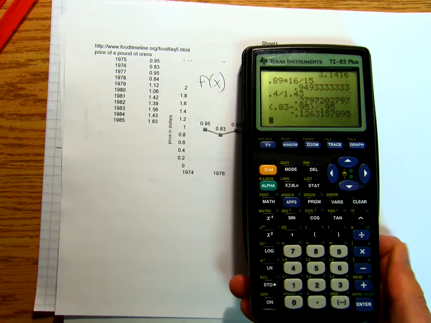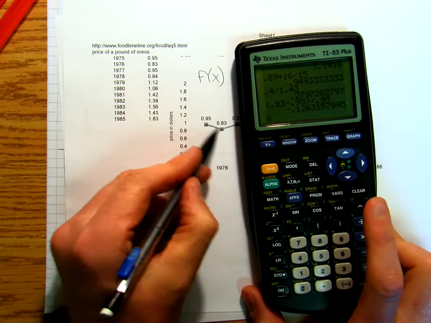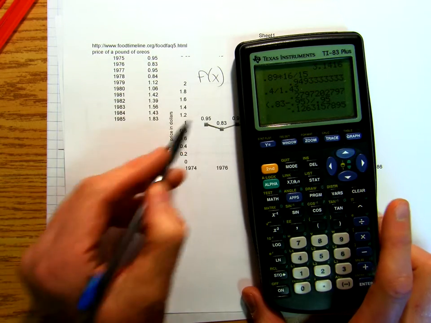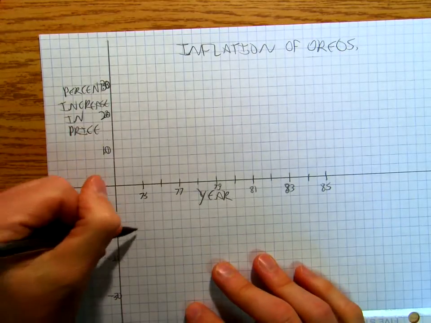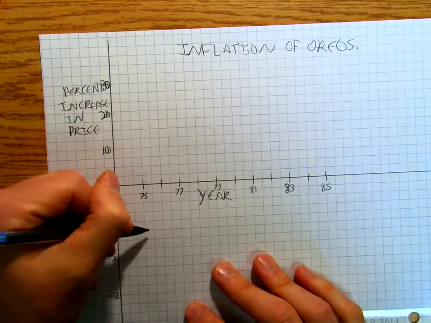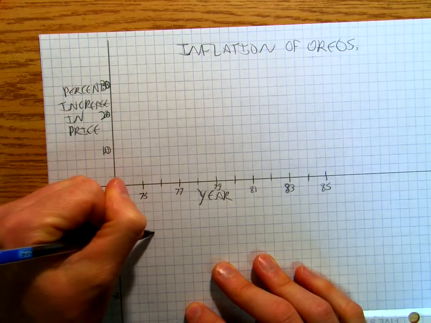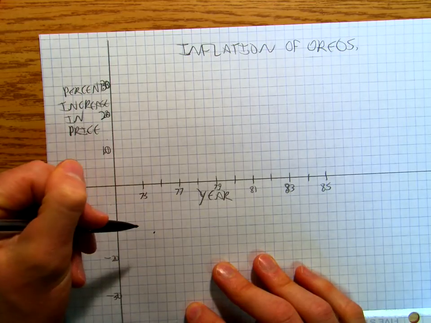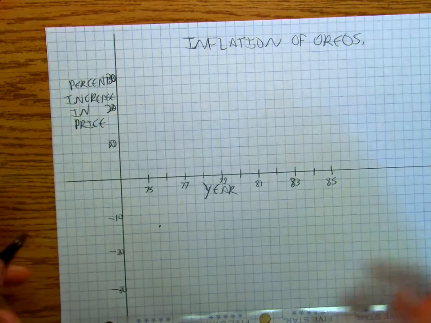Negative 13%. So from here, that's got a slope of negative 13%. So coming back here for 75, 76, I'm going to put it right about there. Yep, that's what I'm happy with.